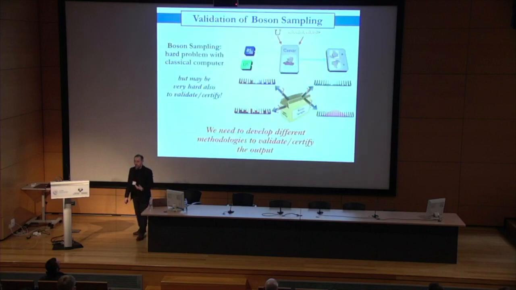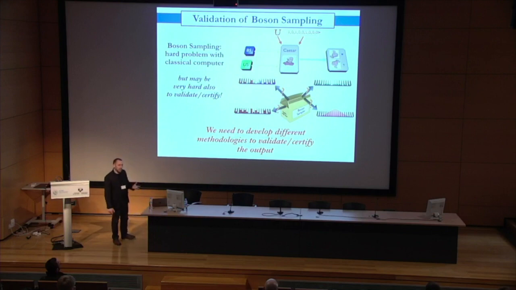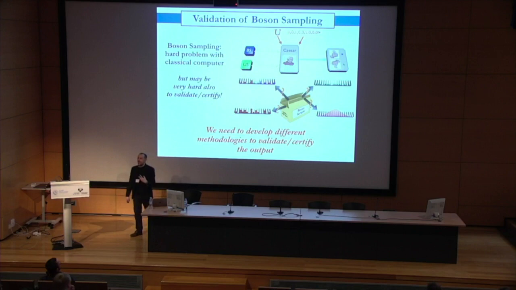And now the question that pops up is, when you increase the complexity and you get a very large Hilbert space, how can you characterize that your device is behaving properly? Because Boson sampling is not only hard to simulate and to perform, it's also hard to verify. And this problem of validation, of certifying your quantum device, is not restricted to Boson sampling.